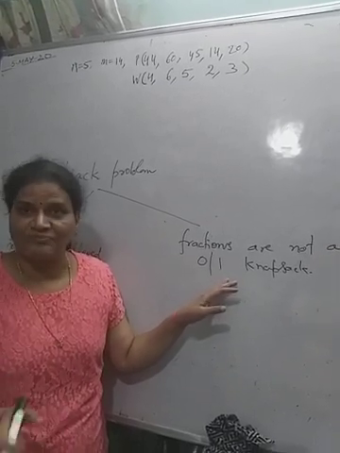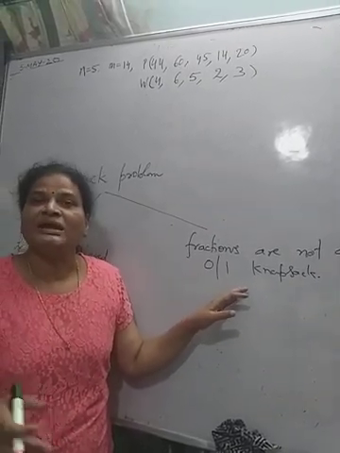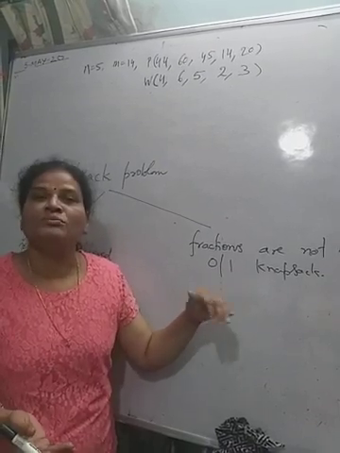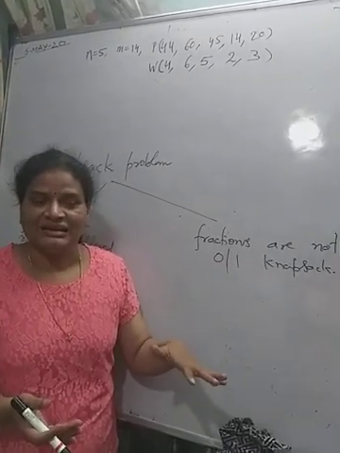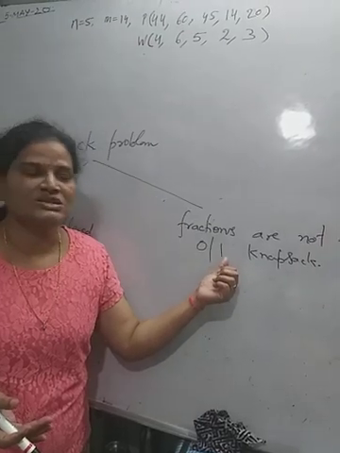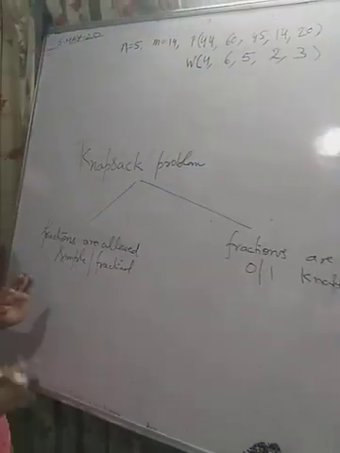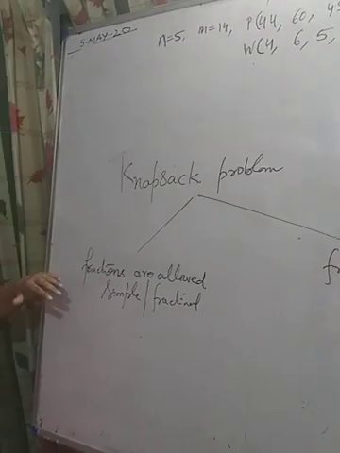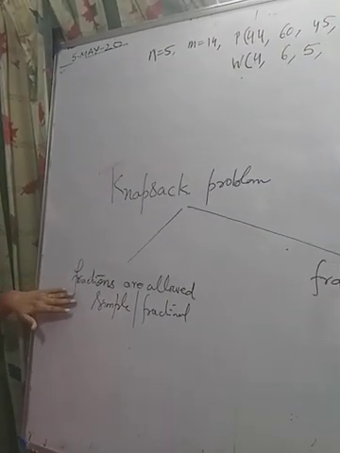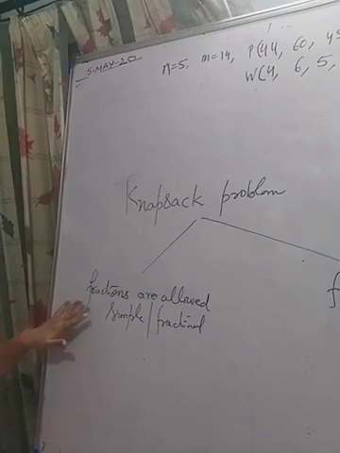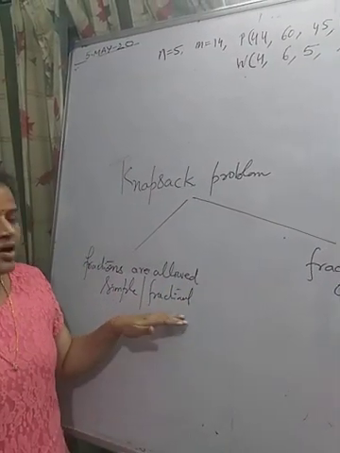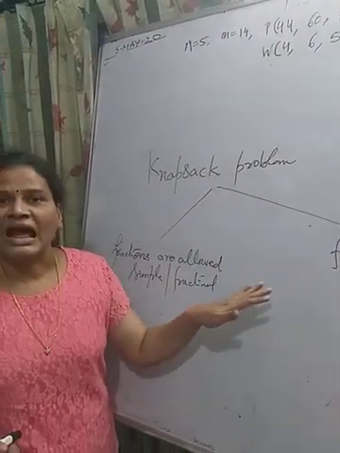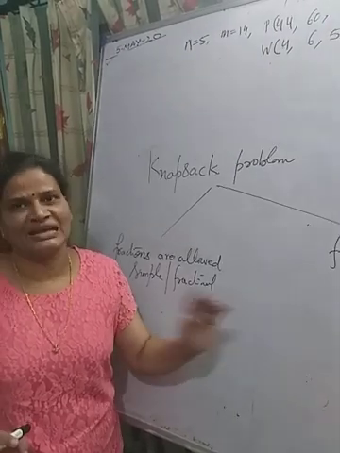Next is branch and bound, and dynamic programming. There are two more techniques by which we can solve this 01 knapsack problem. Now see what happened in simple knapsack where fractions are allowed. In both the problems, the objective is the same: the highest profit is achieved.